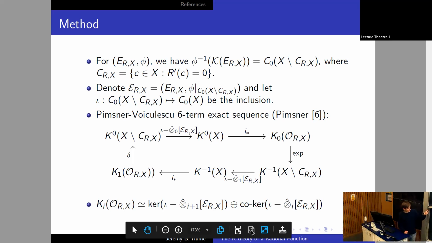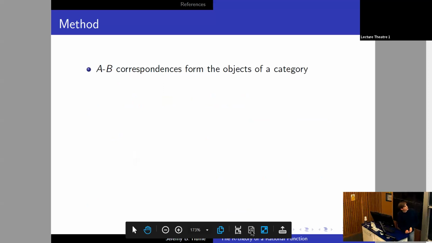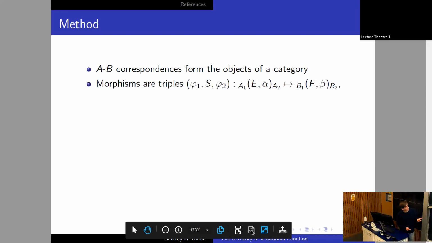And so it can just be expressed as the kernel and co-kernel of certain mappings associated to this correspondence. So if we want to compute the K-theory, we only need to compute the kernel and co-kernels of these mappings. So my method for doing this is I show that correspondences form a category, and I define what a morphism between correspondences is.